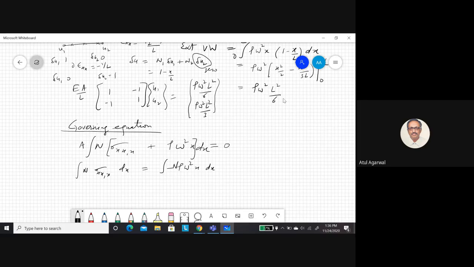Let's see what went wrong. Now it is 0 to L. What will you get out of this integration? Any idea?